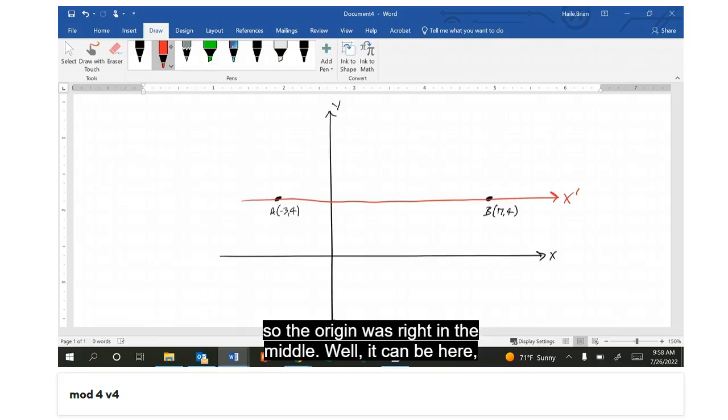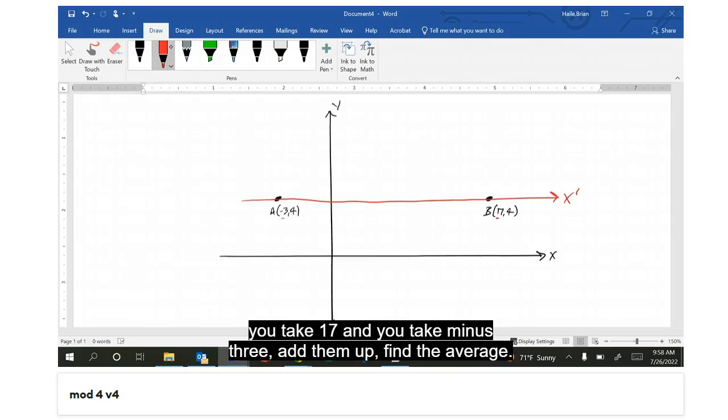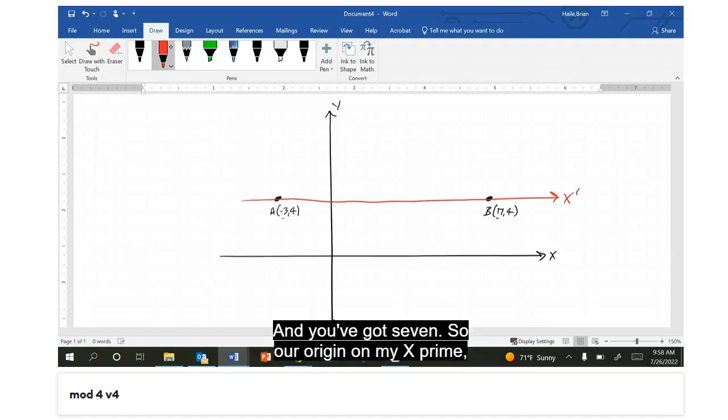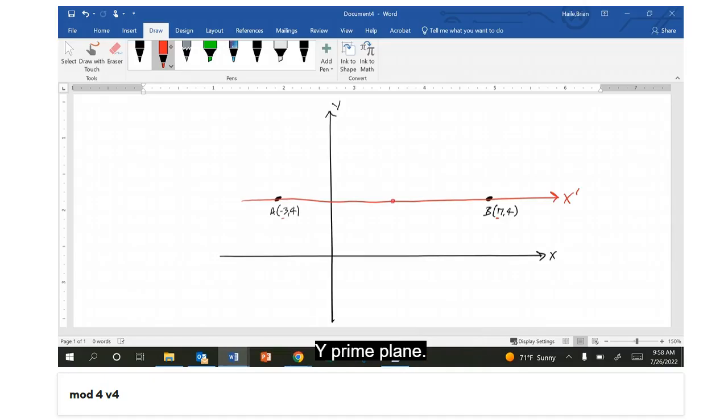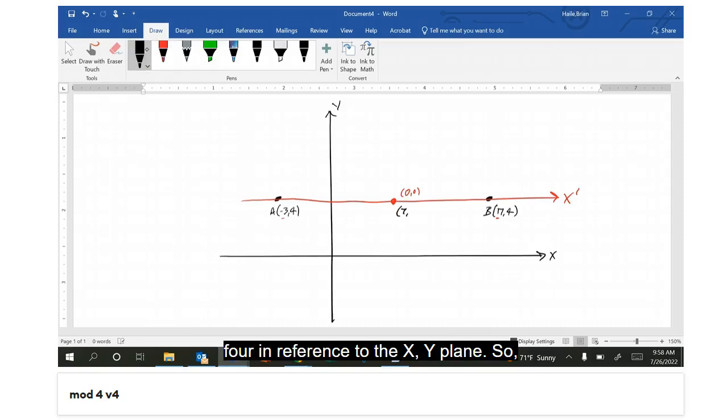Well, it can be here. You take 17 and minus 3, add them up, find the average, and you've got 7. So the origin on my X prime, Y prime plane is here, at the point 7, 4 in reference to the XY plane.